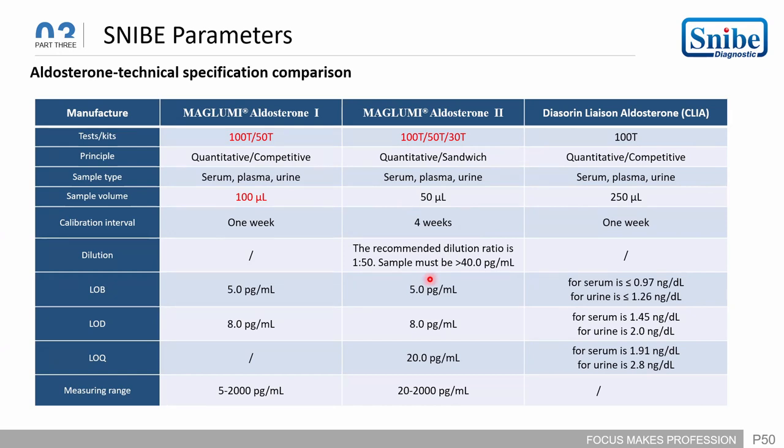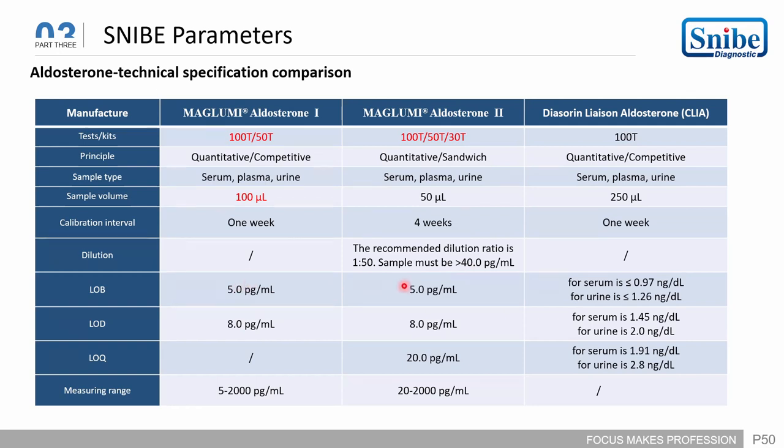This is an important point that needs to be discussed, because the linearity is 2000 picogram per ml, and they are recommending that the sample must be greater than 40. The reason is, ideally the dilution is recommended for those samples whose values are greater than 2000. But if you want to run the dilution of samples which are less than 2000, they should be higher than 40 picogram per ml.